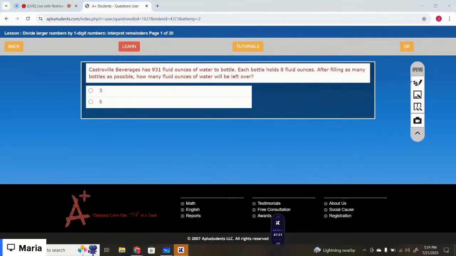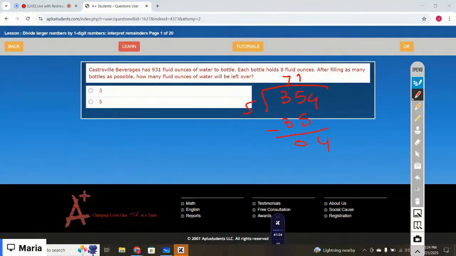So let's just divide 931 by 8. We need to find how many fluid ounces of water will be the leftover. So we need to work on the remainders.